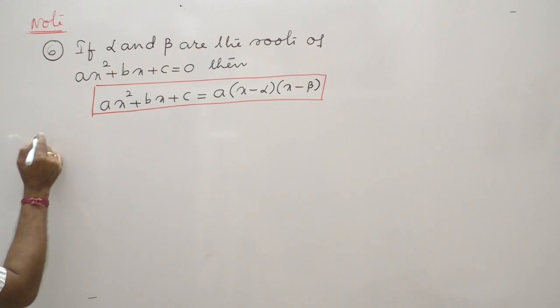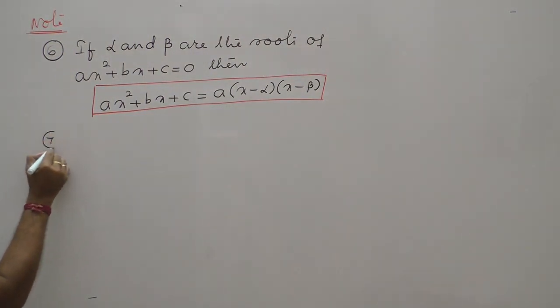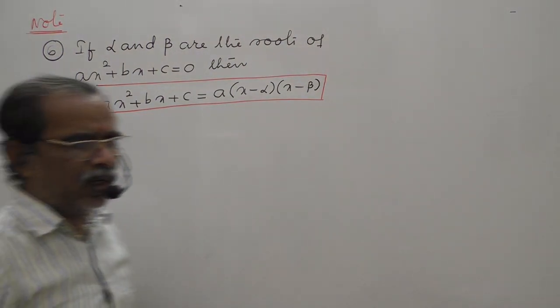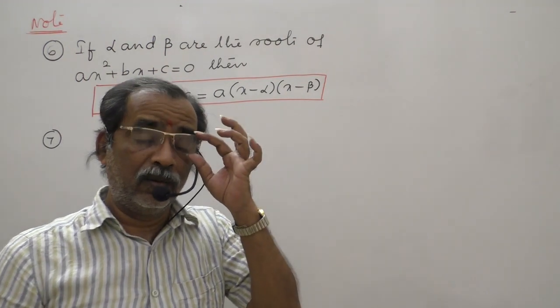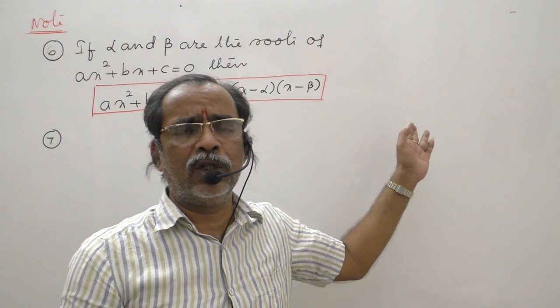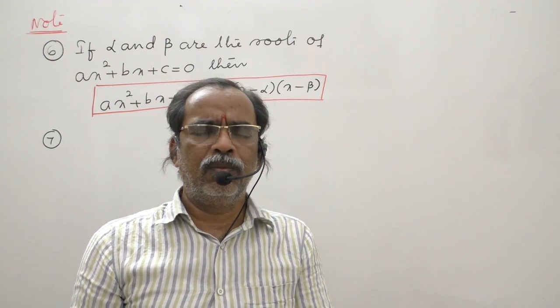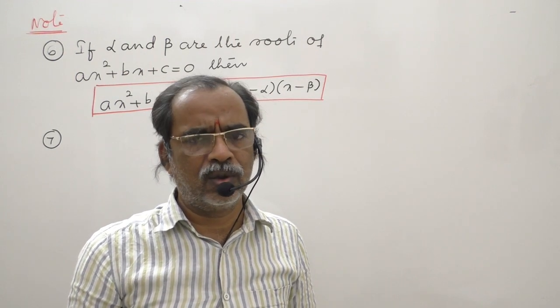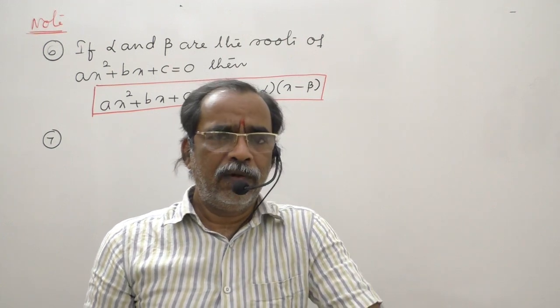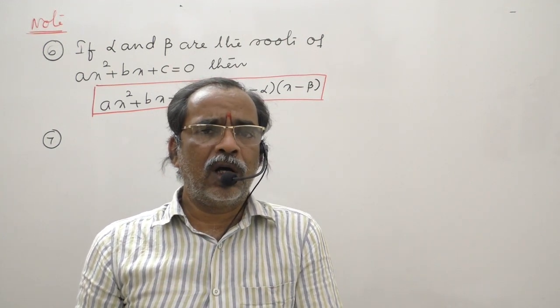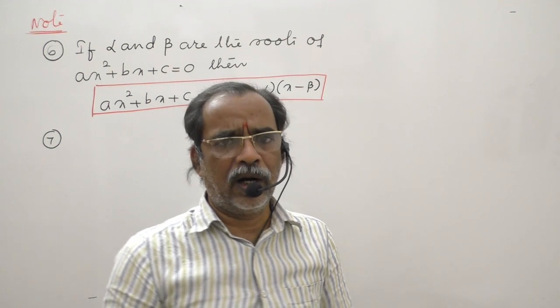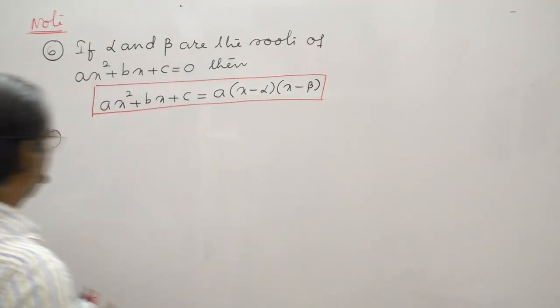Next point, number 7. If a quadratic equation is given, you can find the roots by using the minus b plus or minus formula, or simply by factorization also you can find. Reversely, if roots are given, how to write the quadratic equation? See now.